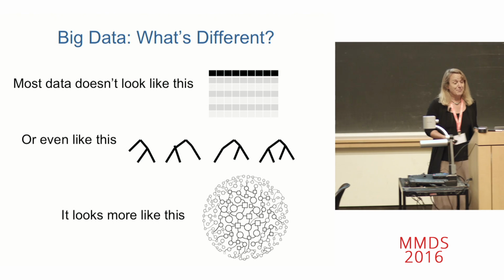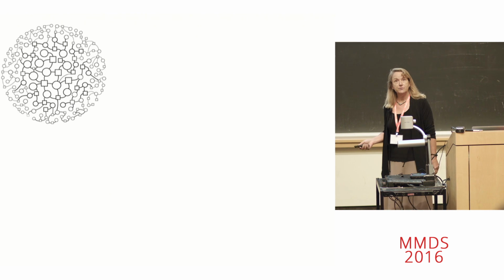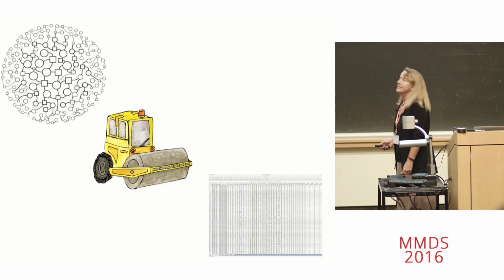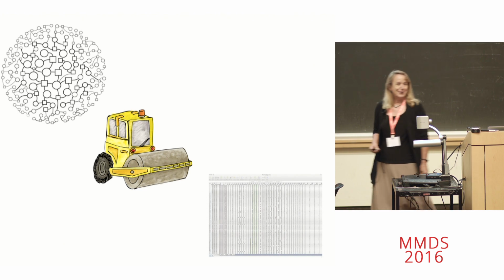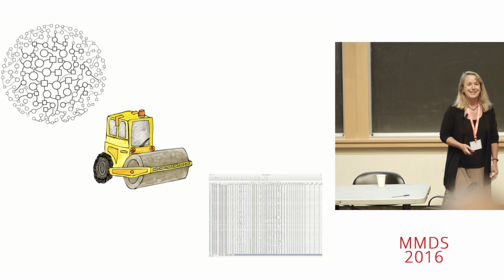My cartoon of this is, right now what we tend to do as data scientists is we take this big graph data and we flatten it into a table, or, I like Peter's term, smush it or smash it into a table.